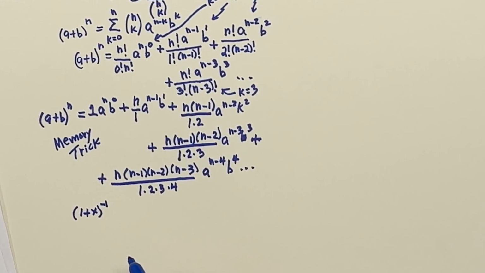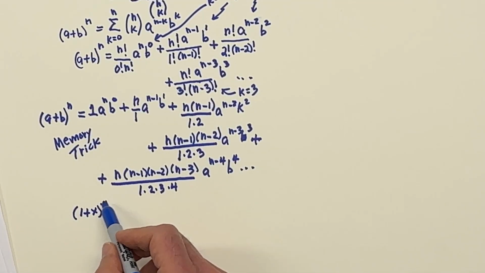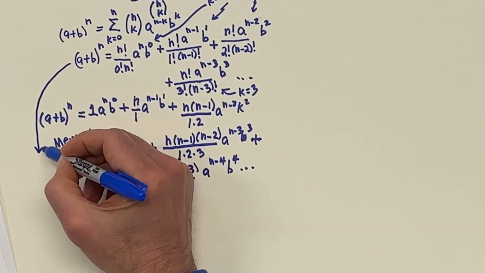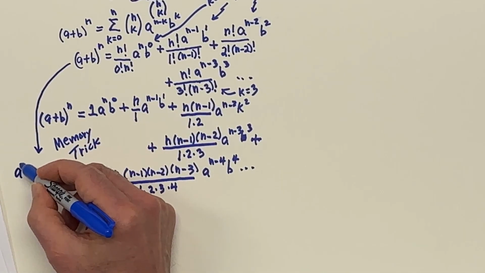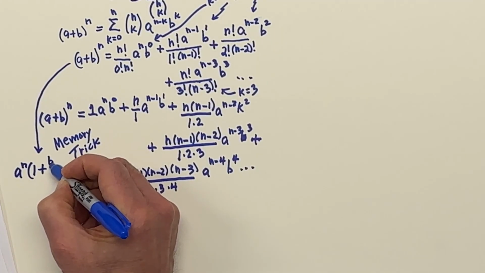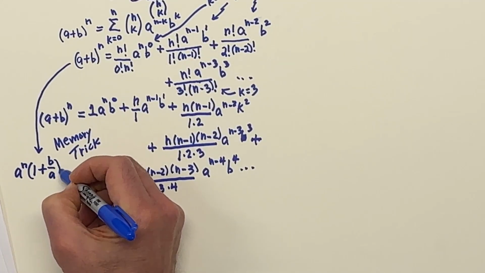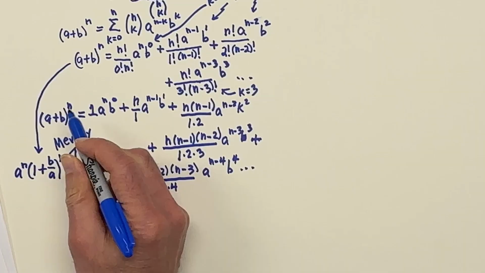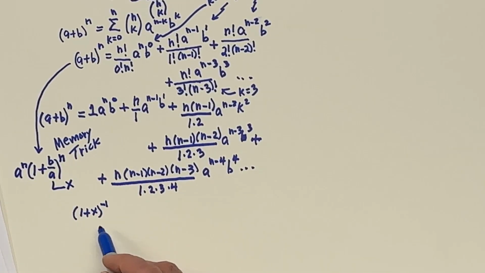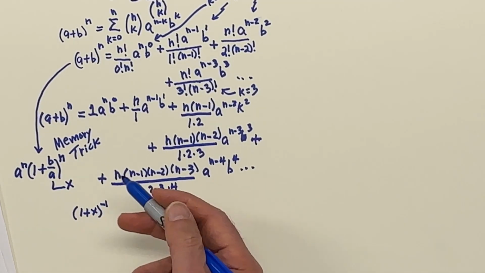All right. Now, to do this, I just want to show you that it's easier for me to just pull the a to the n out of here. So I have 1 plus b over a to the nth power, and then just call this x. So it's easier to work with just 1 plus something.